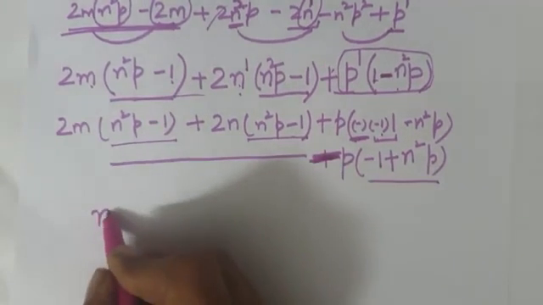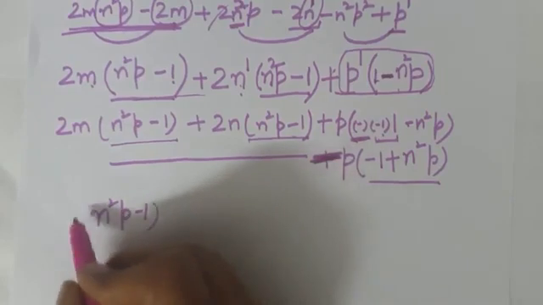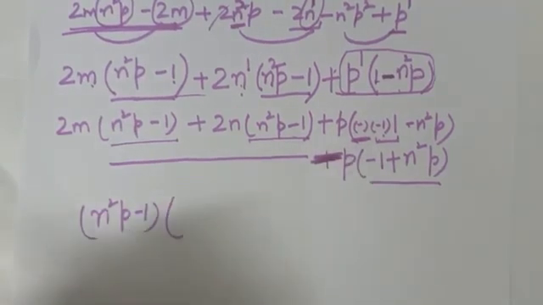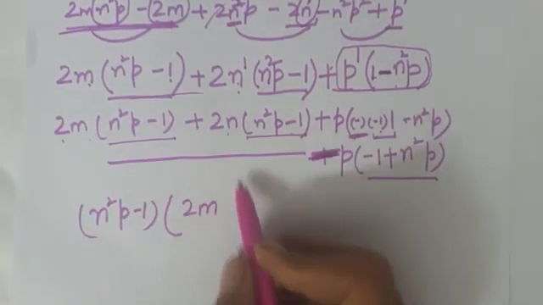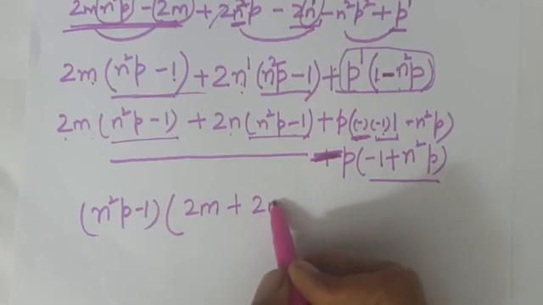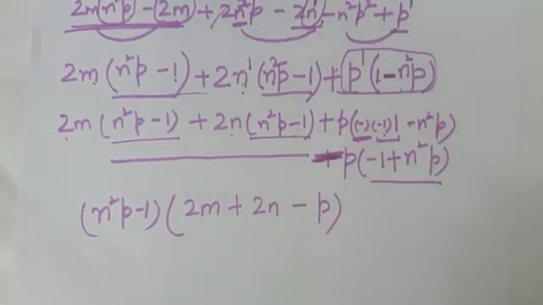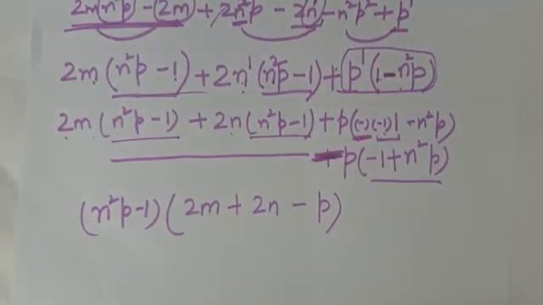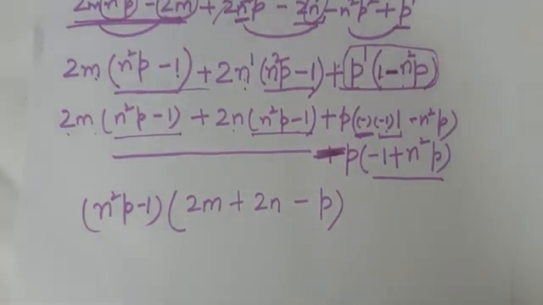So, can I take n square p minus 1 common? Yes. So, what is left? 2m plus 2n minus p. So, there is no other term which we can take common. So, this is your final answer.